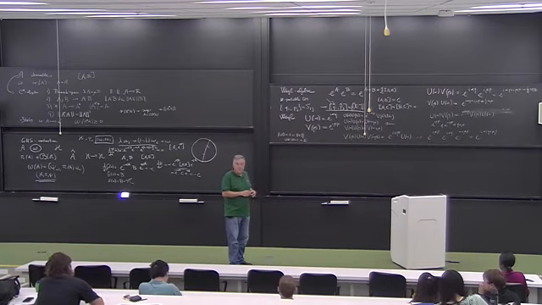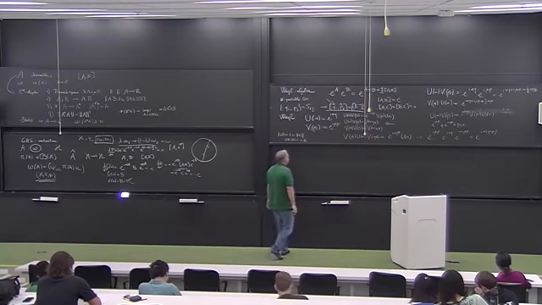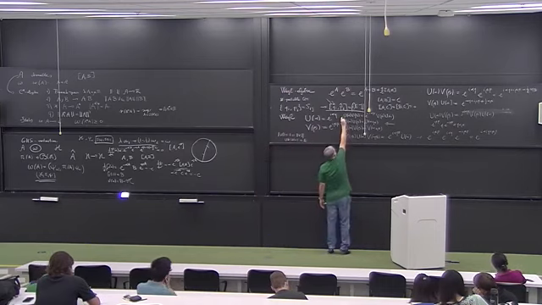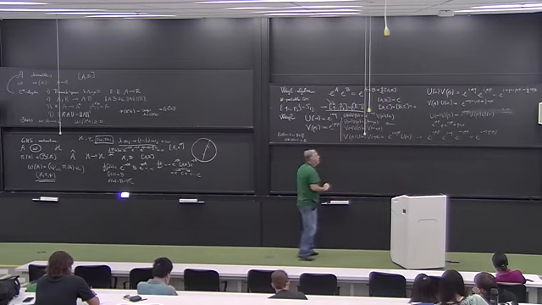And now we come to our question. How many representations are there of this algebra? Okay? So the question is, we have constructed an algebra. The algebra is based on this commutation relation here.